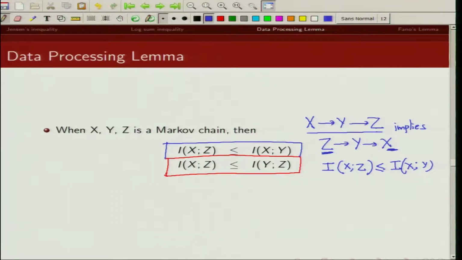Because I just now showed you that if x, y and z form a Markov chain, then mutual information between x and z is less than or equal to mutual information between y and z.